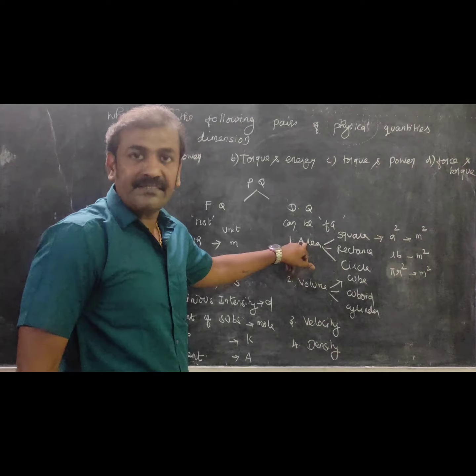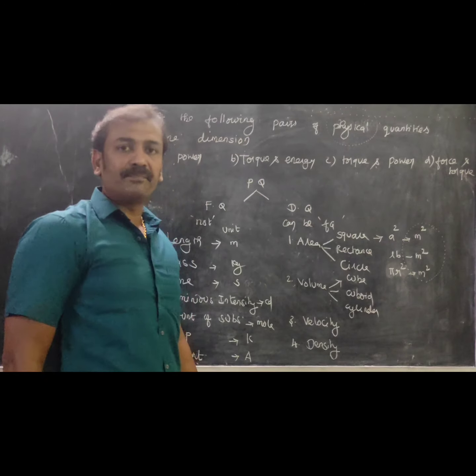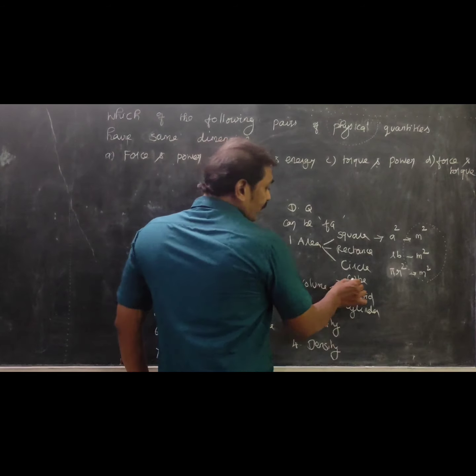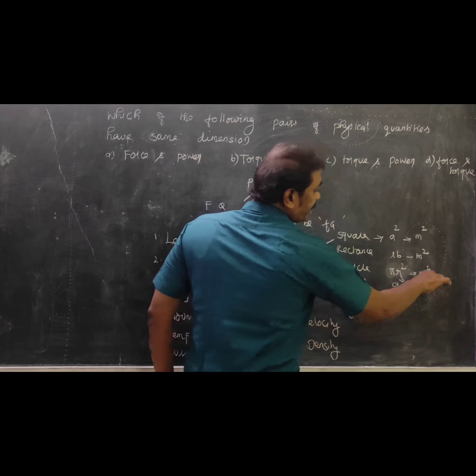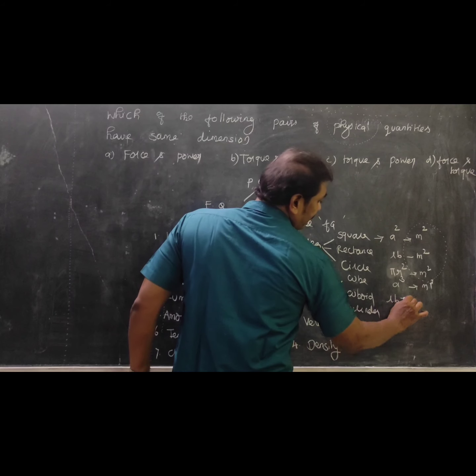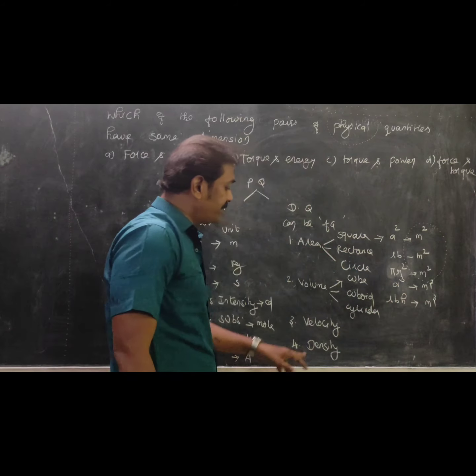The unit of area is meter squared. Volume of a cube is a cubed, meter cubed. Volume of a cuboid, LBH, once again meter cubed.